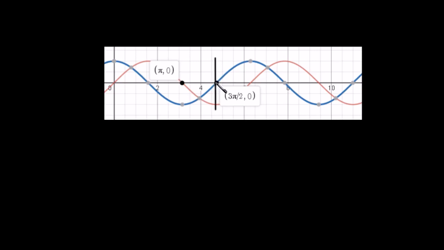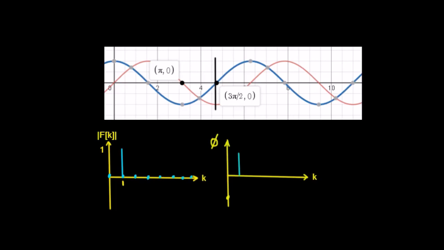The initial starting point is here now, so you can see that this blue function from that starting point is actually a sine wave. So therefore we expect to see our discrete Fourier transform to have a pulse at a frequency of 1 Hz and to be a magnitude of 1, and the phase of that is going to be 3 pi by 2, which tells us it's going to be a sine wave.